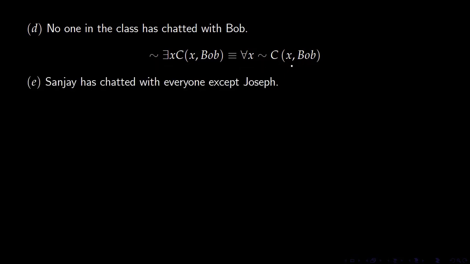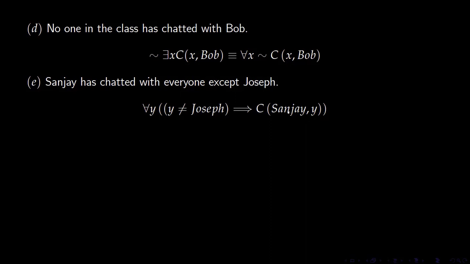Then Sanjay has chatted with everyone except Joseph. So how to express this? One student, Sanjay, has chatted with everyone except Joseph. So for all students y, where y is not Joseph, implies Sanjay has chatted with y.